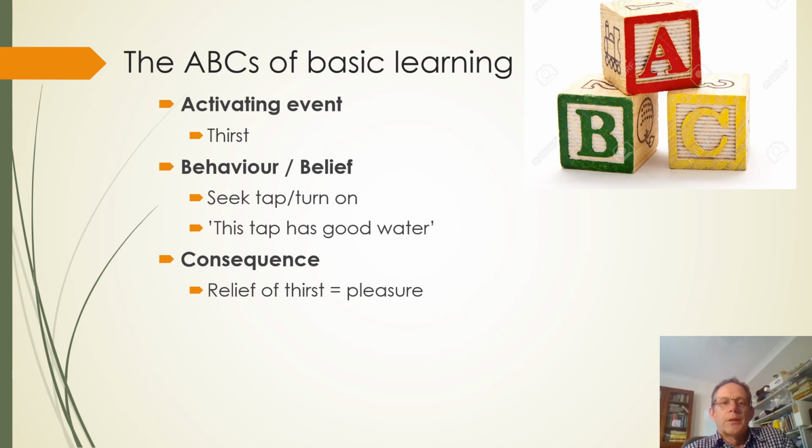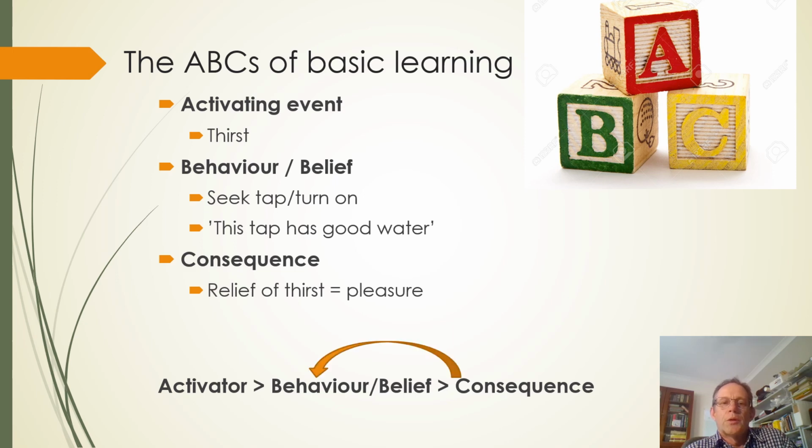The concept here is that this ABC, or activator, behaviour, belief, and consequence, is set up and established through reinforcement. So when there's a pleasant response to a behaviour or a belief, then it is reinforced and leads to a more likely occurrence of that behaviour or belief in the future.